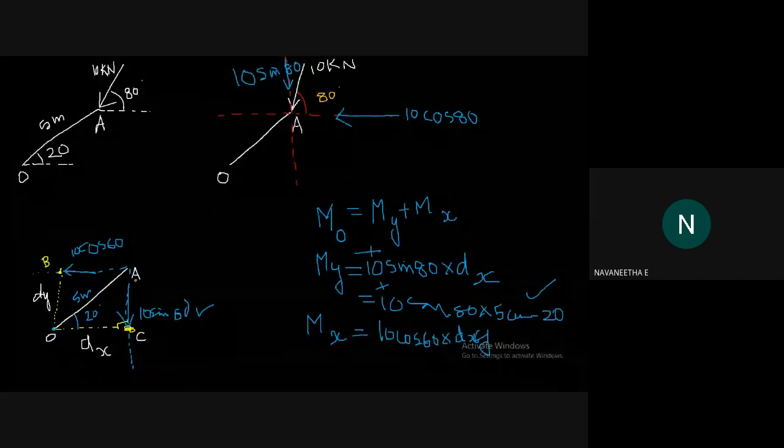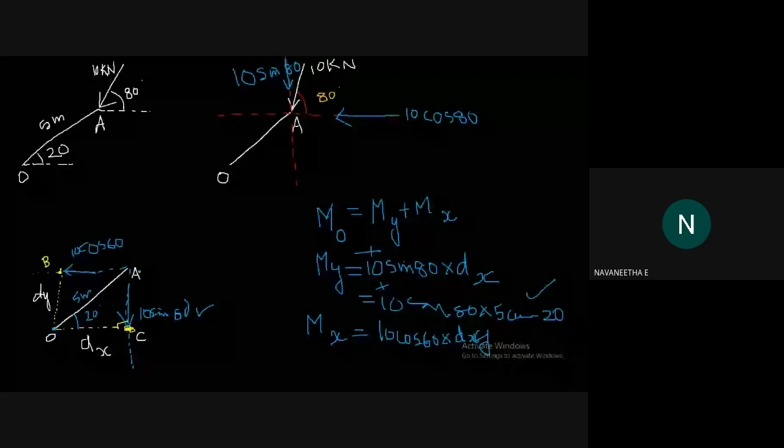What is the value of AC here? The angle AOC is 20 and the side OA equals 5 meter. It is a right-angled triangle, so we can find the side AC with the help of this angle and the measurement of one side. So what is the value of AC here?